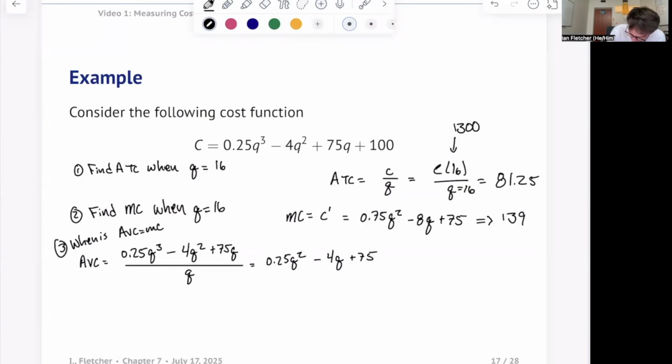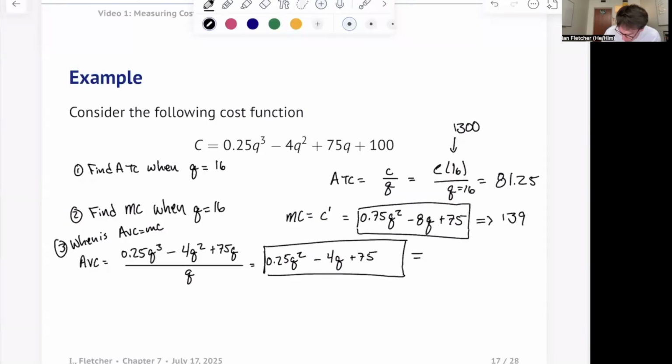Now we're going to take this and set it equal to this. The 75s are going to fall out. So we're going to be left with 0.25 Q squared minus 4Q should equal 0.75 Q squared minus 8Q. And so these are only equal when output is equal to 0.